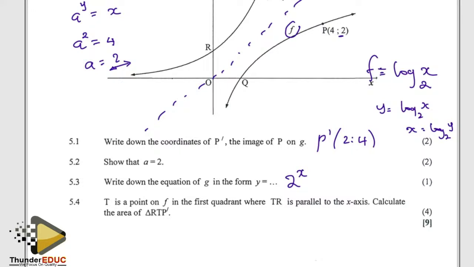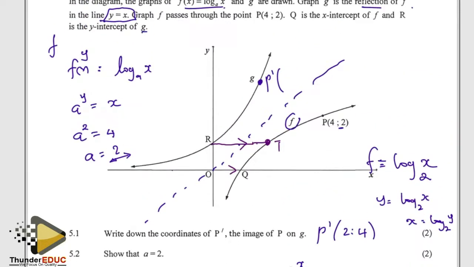What this means is that if I put my T here and I draw a line, this line must be parallel to that. Calculate the area of triangle RTP'. So if I connect this and then I connect that, I have my triangle.